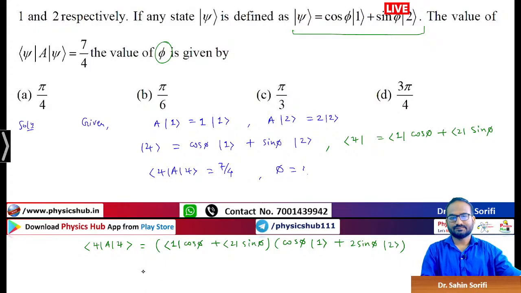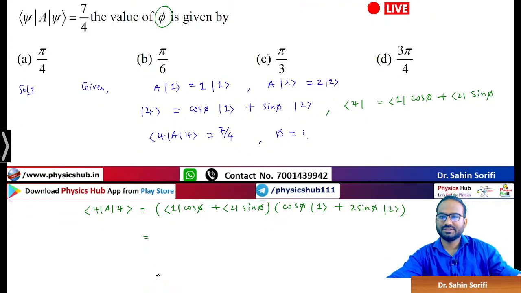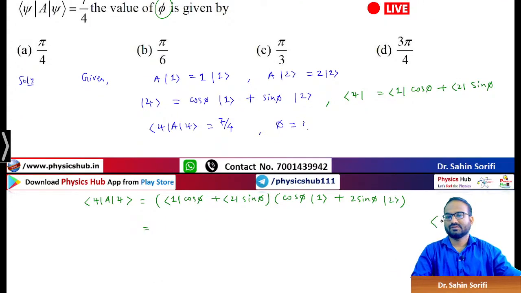Now using the orthonormality condition, ⟨m|n⟩ = delta mn. So this is 1 when m is equal to n, 0 otherwise. This is the orthonormality condition.